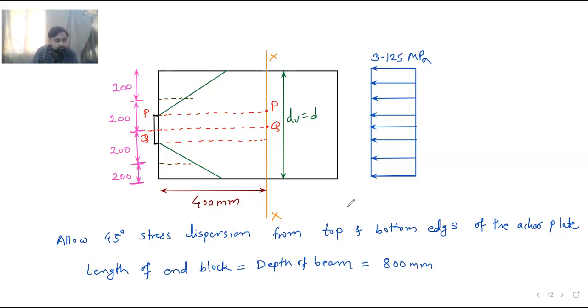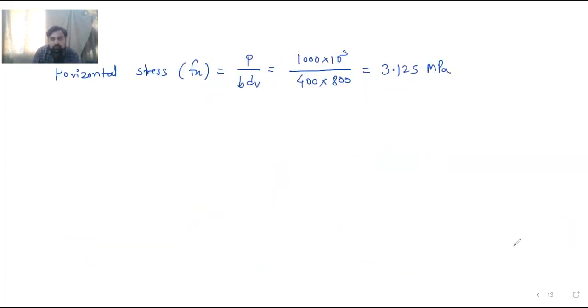Okay. Now analysis of this section PP that we will do. After the calculation of horizontal stress, now analysis of section PP that we are going to do. So first of all, we will calculate the moment due to this stress, and then we will solve it further.